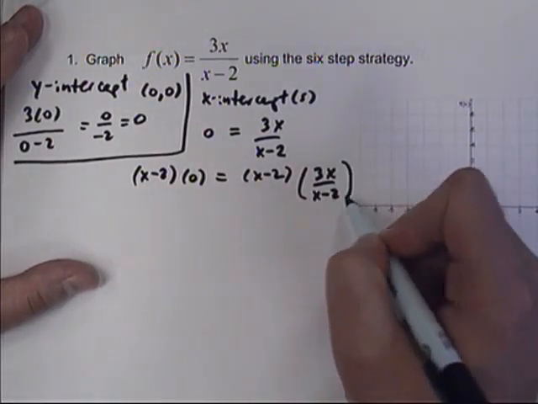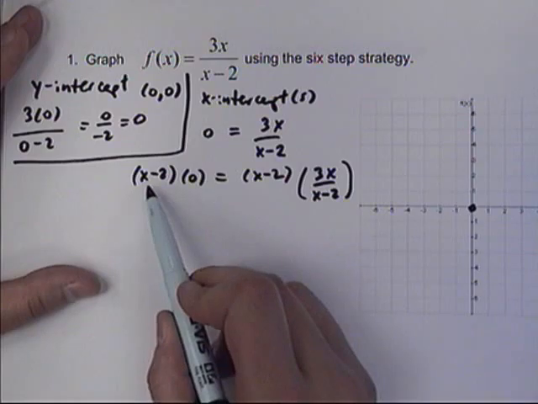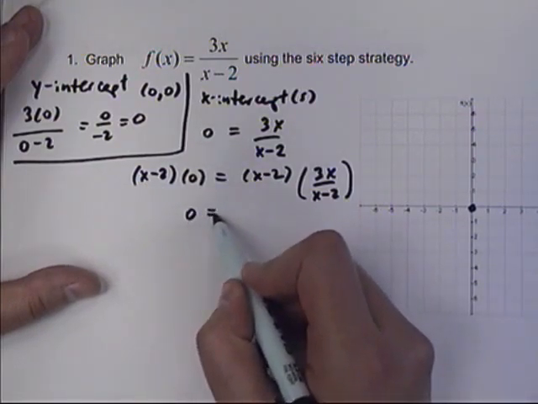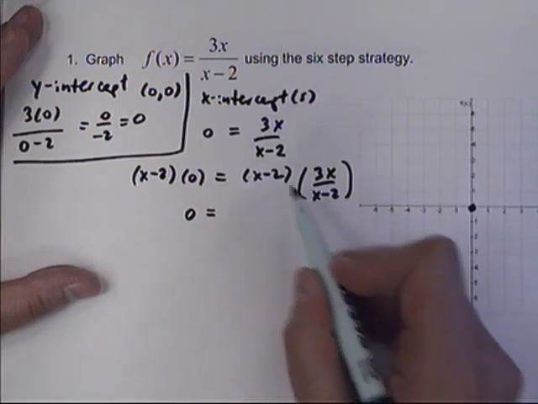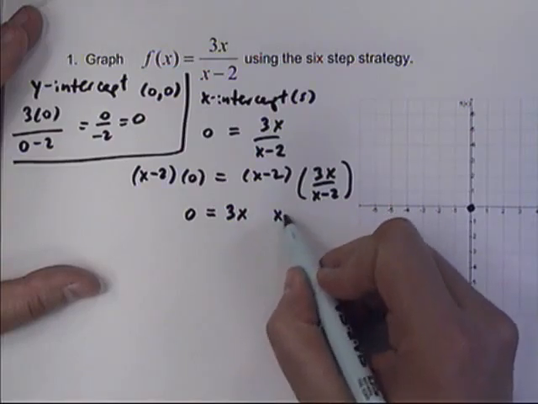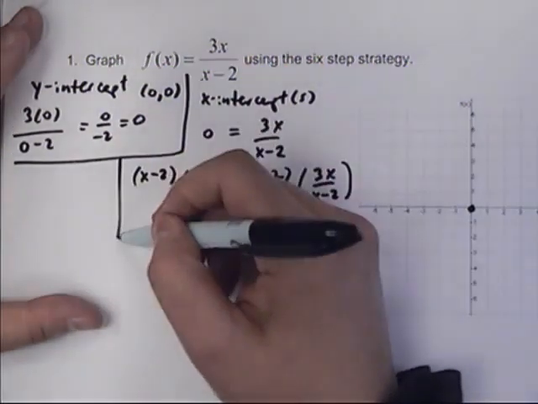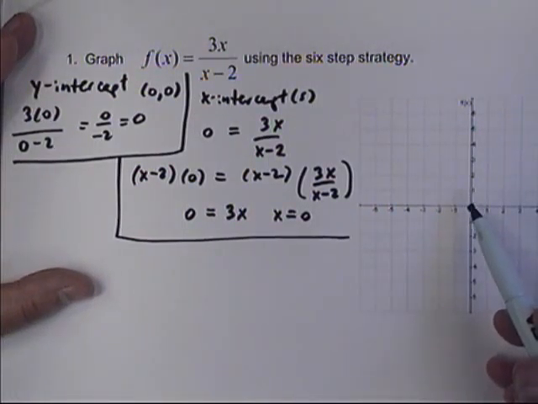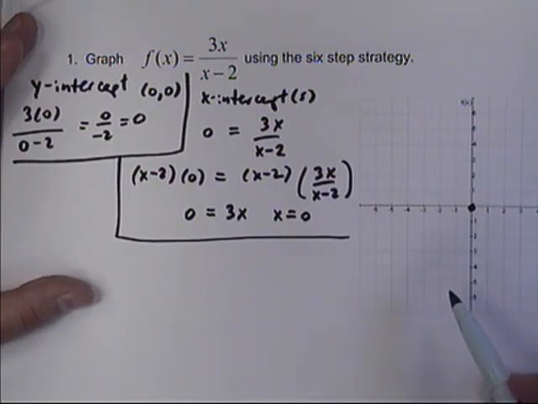The other way to do this would be to cross multiply, but anyway, over here you'd multiply 0 times this. Well, 0 times anything is just 0. Here the x minus 2 binomials would cancel and you'd just get 3x. And of course, dividing both sides by 3, you'd get x equals 0. Now, that's not very helpful because we already know that there's an x-intercept at 0, because we had a y-intercept at the origin. It gave us basically 2 intercepts in 1.